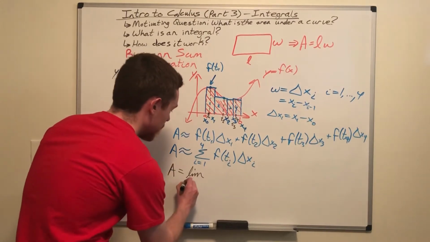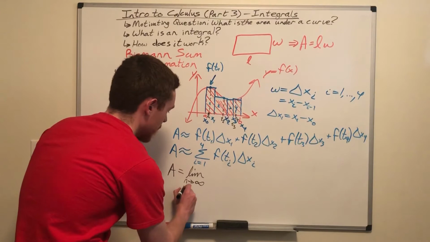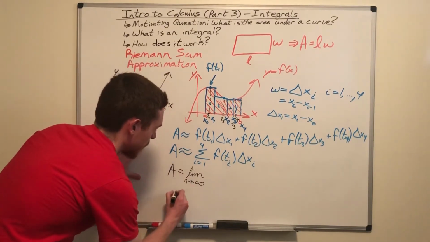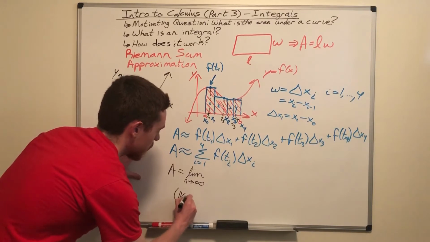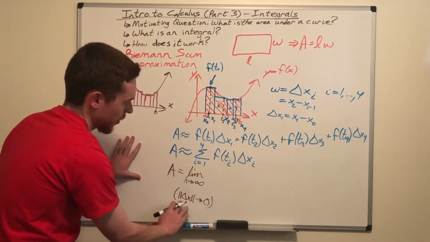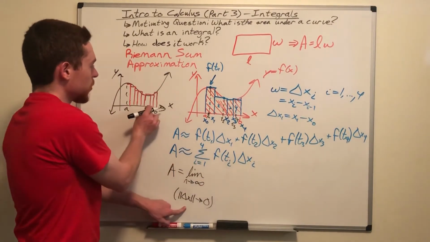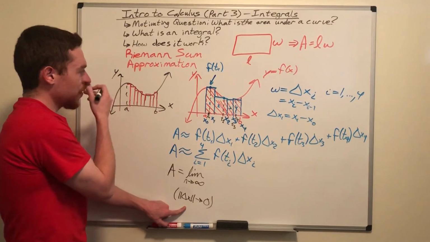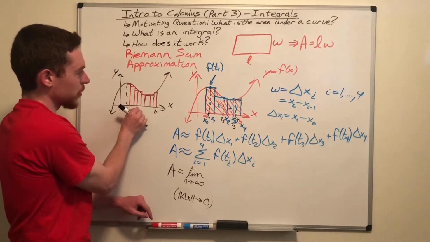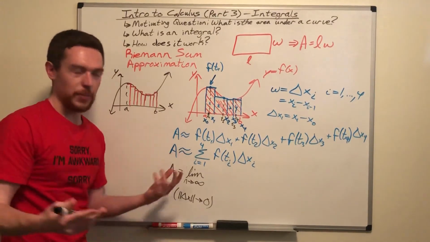I'll write that as the limit as n goes to infinity, and then in parentheses I'm going to require that the widths go to 0. This notation says I want the width of my rectangles to go to 0 so that I really do have as many rectangles in there as I can, because as the rectangles get smaller and smaller, I need more and more rectangles to fill it up.